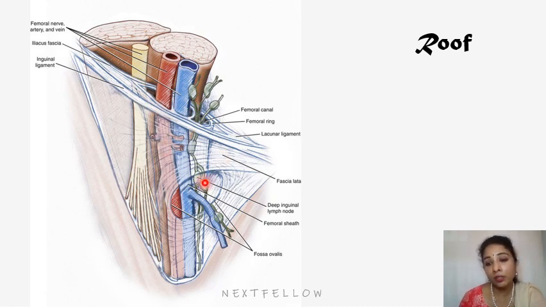So they lie within the roof of the femoral triangle, and we can see the lymph nodes also, called superficial inguinal lymph nodes. Deep inguinal lymph nodes lie in the femoral canal, whereas the superficial inguinal lymph nodes lie within the roof. The femoral branch of the genitofemoral nerve also lies in the roof of the femoral triangle. So these are the contents of the roof and structures forming the roof of the femoral triangle.